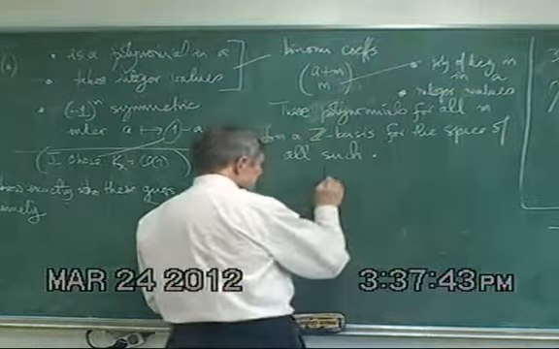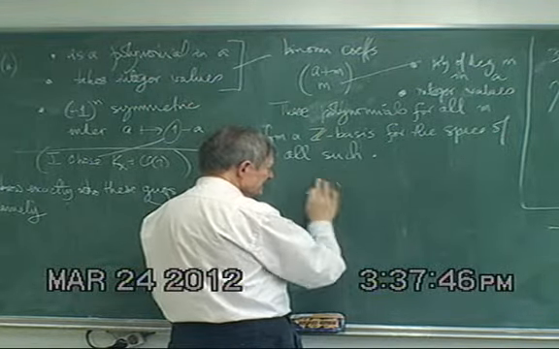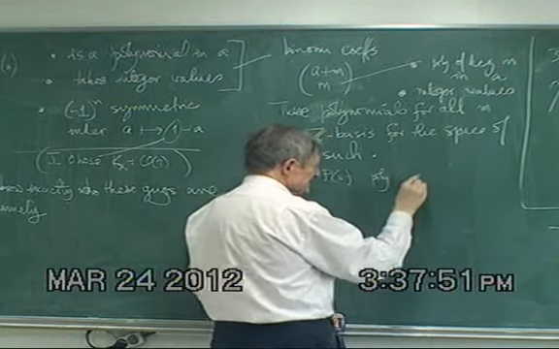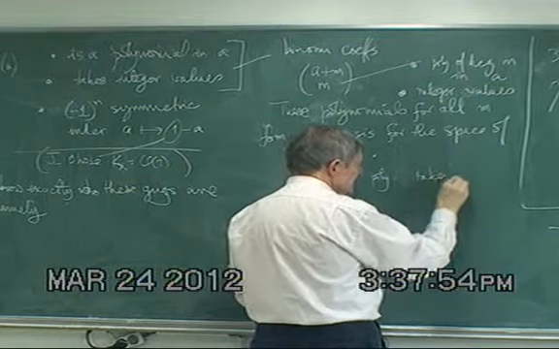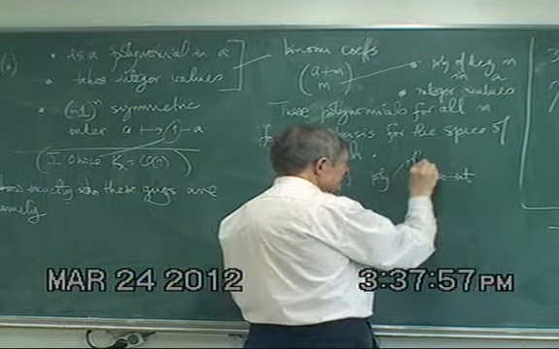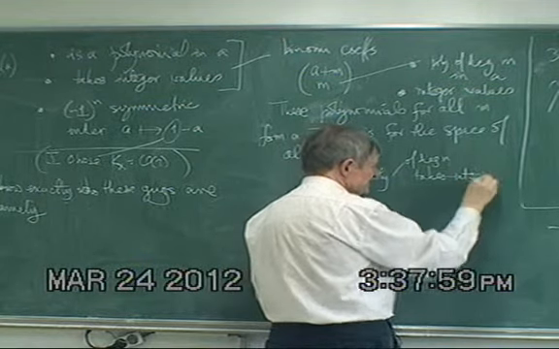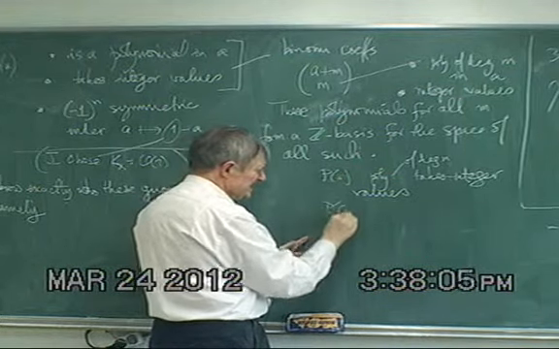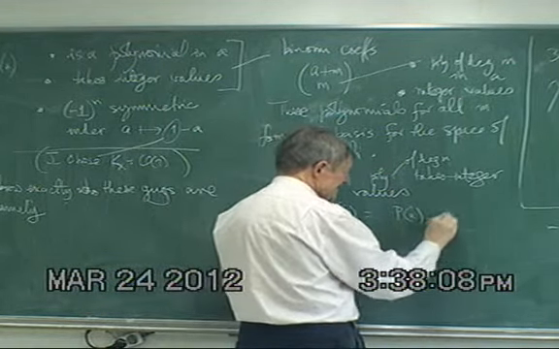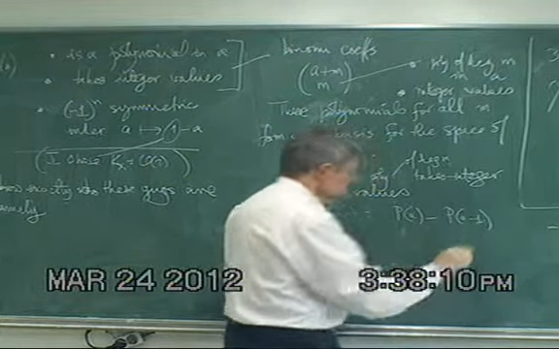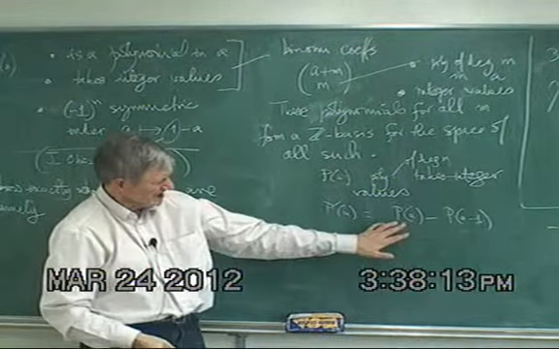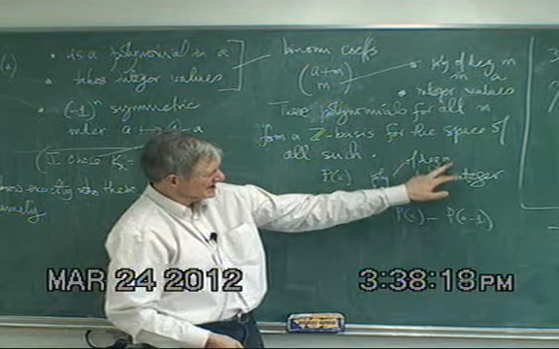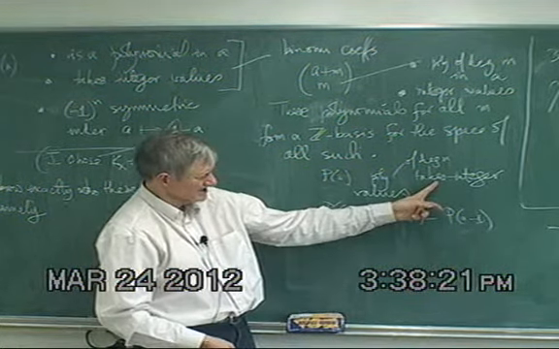So if P of A is a polynomial of degree n and takes integer values, then I can form P primed of A, which is P of A minus P of A minus 1. And what can we say about this? Well, it is also a polynomial, of degree n minus 1, and it takes integer values.